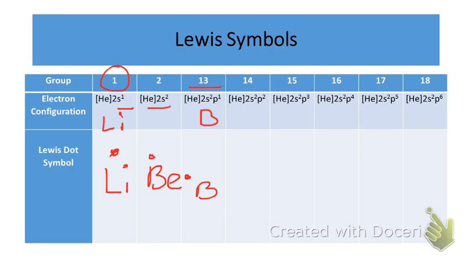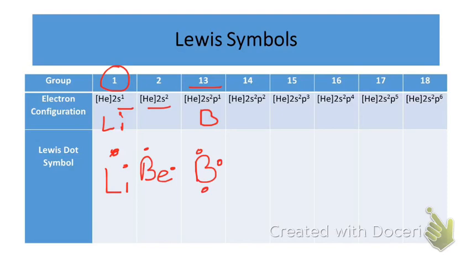Let me actually erase this, I need to write this better. So beryllium, 1 dot, 2 dots. And then boron is going to have 3 dots: 1 dot, 2 dots, and 3 dots to represent boron.